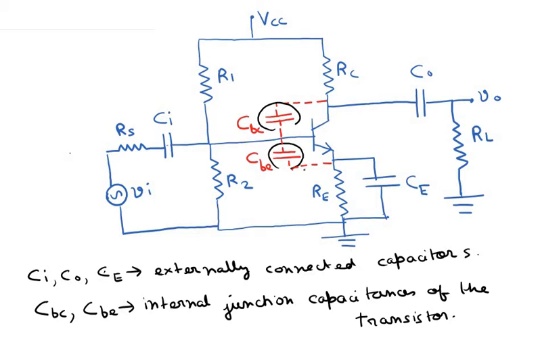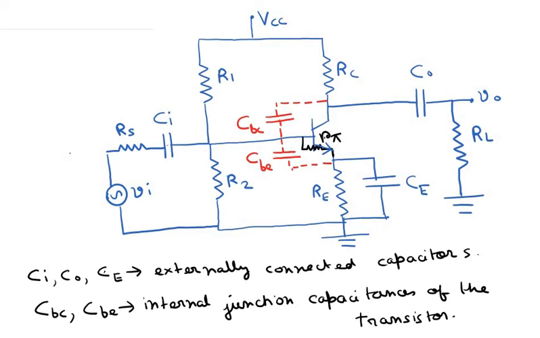If we do not assume that, then we had to put them in our small signal model. So let me clarify this. When we are considering small signals, the base to emitter junction is basically behaving as a resistor whose magnitude is given by R pi. Now this capacitor CBE comes in parallel with this resistor R pi.